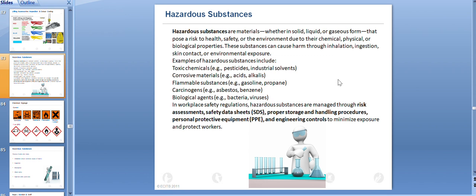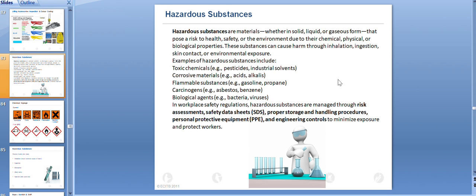Hazardous substances are materials, whether in solid, liquid or gaseous form, that pose a risk to health, safety and the environment due to their chemical, physical or biological properties. These substances cause harm through inhalation, ingestion, skin contact, or environmental exposure.